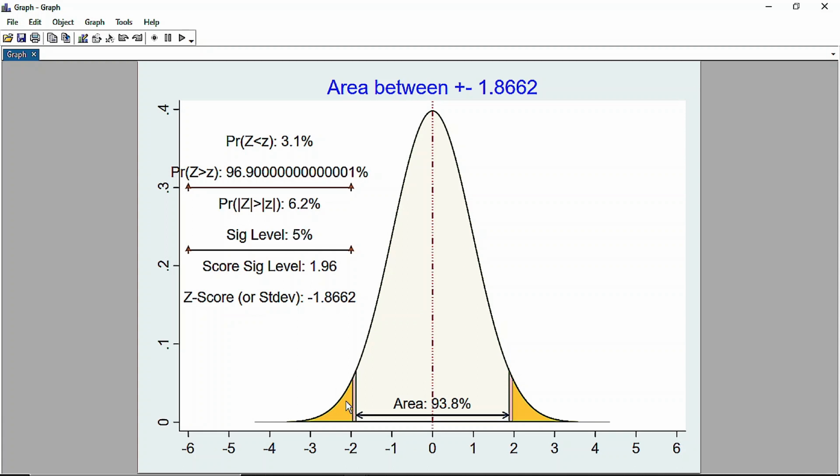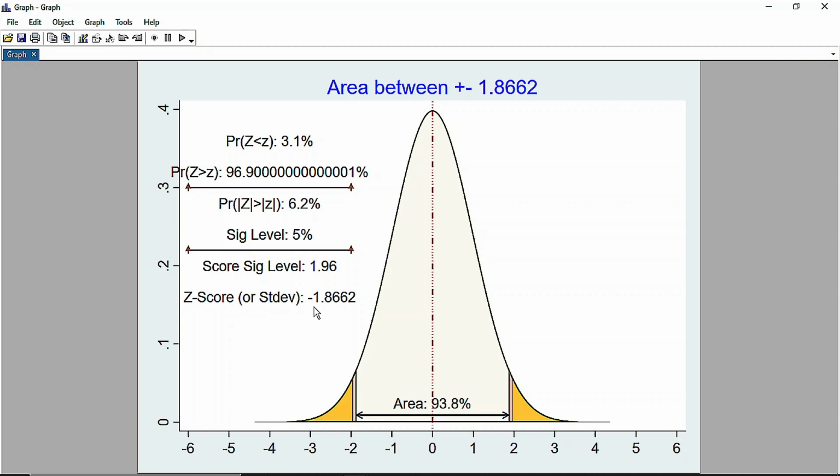If we do not cross this threshold and we lie towards the mean of 0, then we fail to reject the null. If we break this threshold and lie outside of it, then we reject the null and accept the alternative hypothesis. So this is the basics.